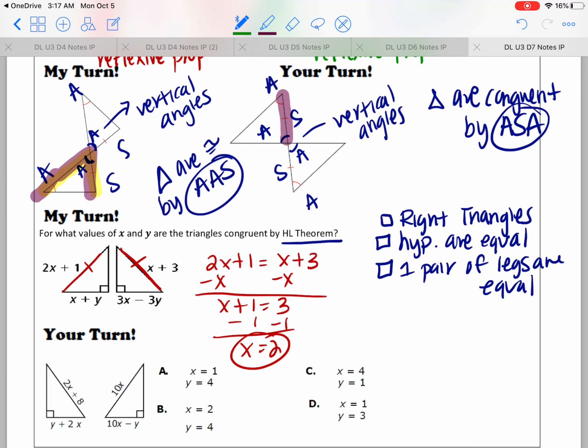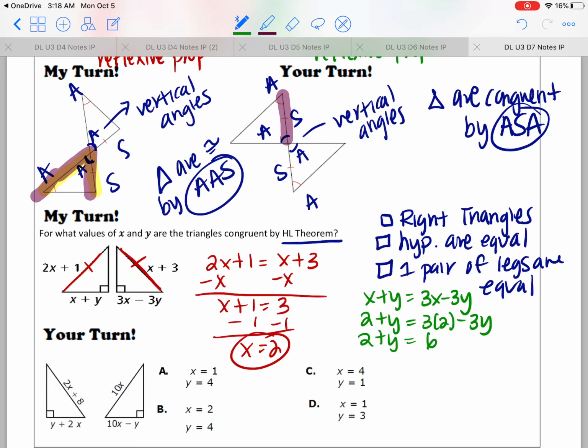Right. So what would be the value of y so that these triangles are congruent? We do x plus y equals 3x minus 3y. Notice that we're dealing with an equation that has two different variables. Since we already found the value for x, we need to come back and substitute so that we can then solve for y.